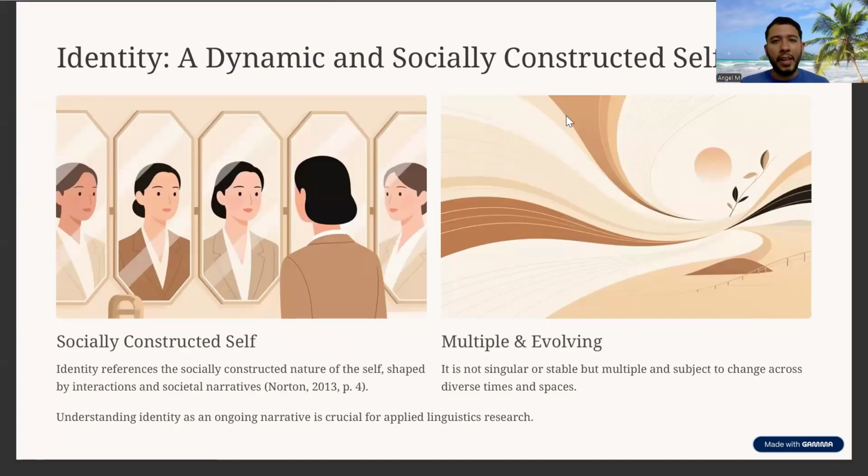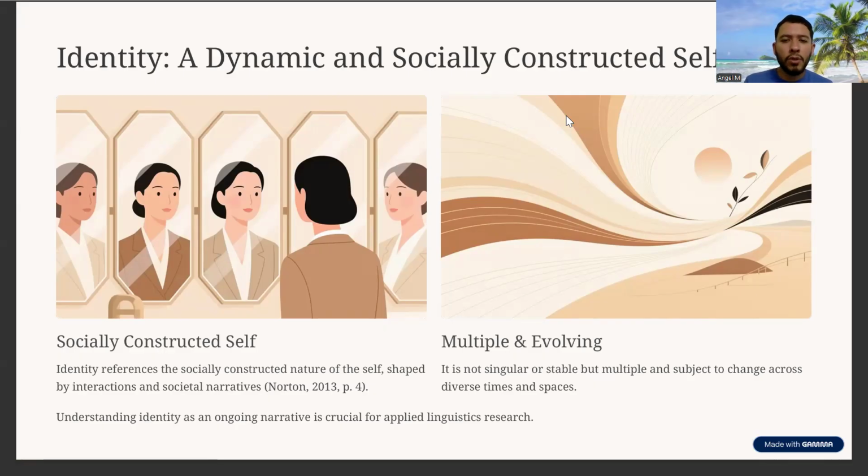Identity: a dynamic, socially constructed self. Identity refers to the socially constructed nature of the self, shaped by interactions and societal narratives. This topic is so interesting because it works with narratives.